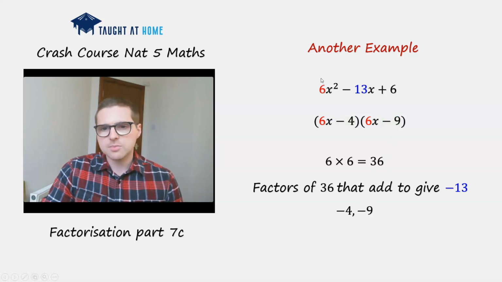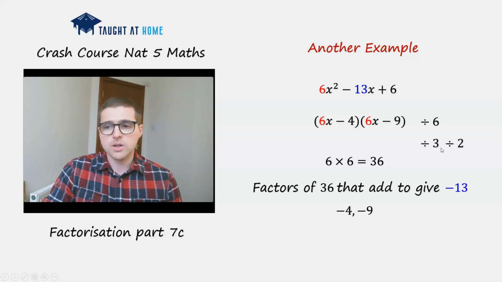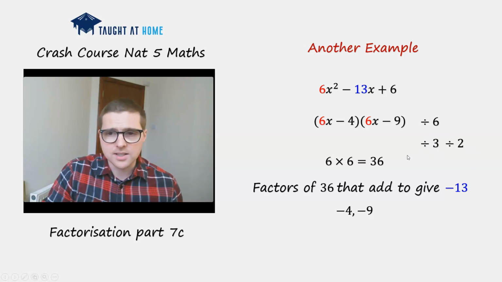6 times 6 is 36, but we're looking for 6x squared, not 36x squared, so we need to divide by 6. But it's not clear which one we divide by 6, because if we divide this one by 6, we're going to be left with a fraction, and the same in this one. But dividing by 6 is the same thing as dividing one by 3 and the other by 2, because dividing by 3 then dividing by 2 is the same thing as dividing once by 6.